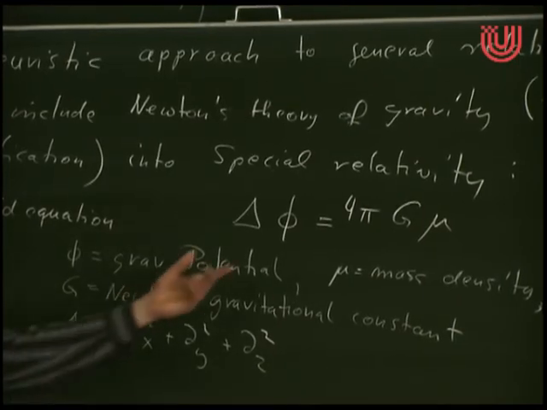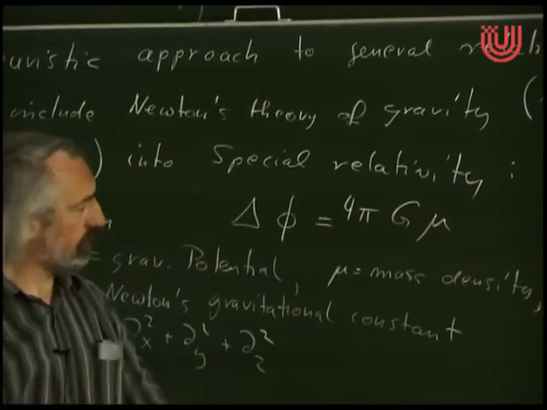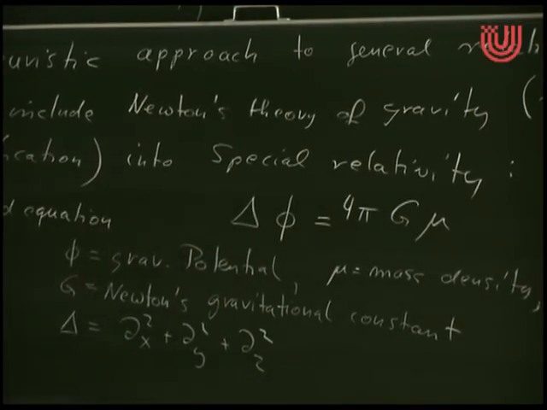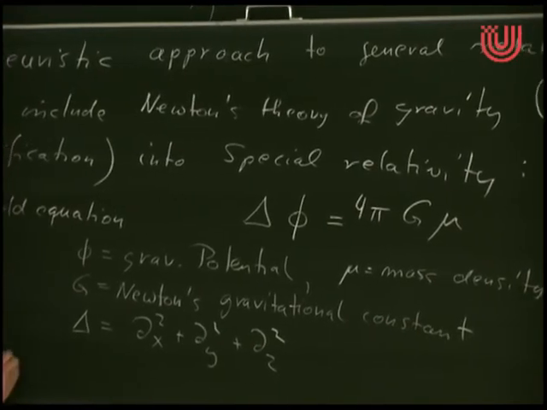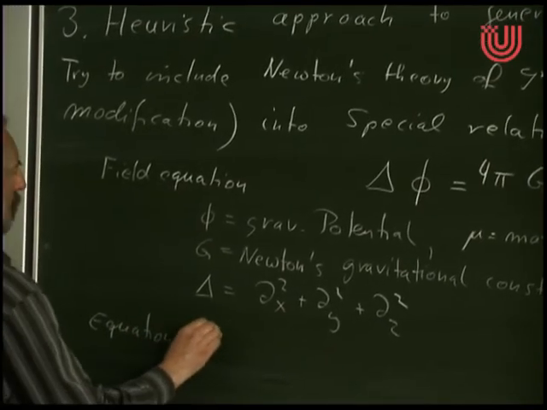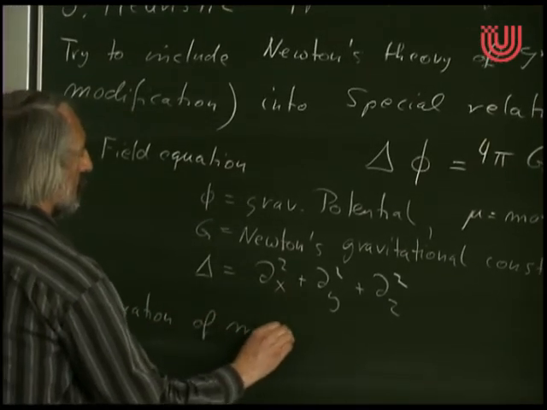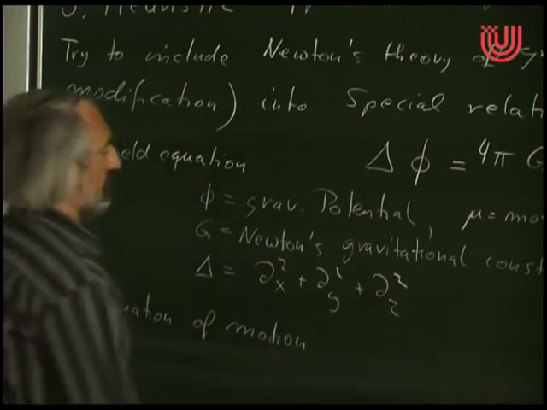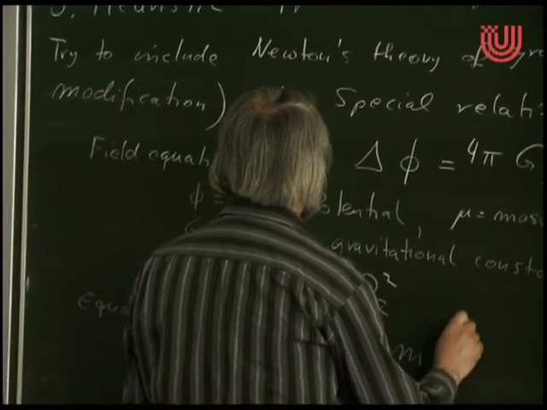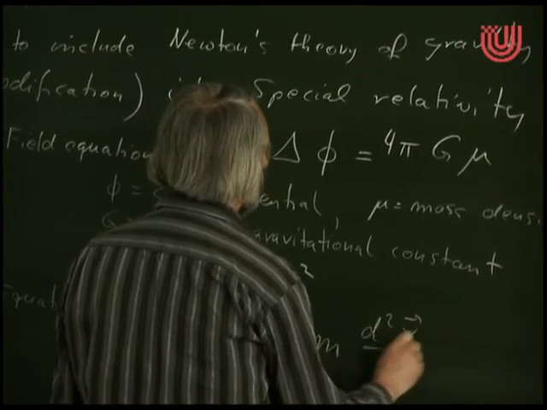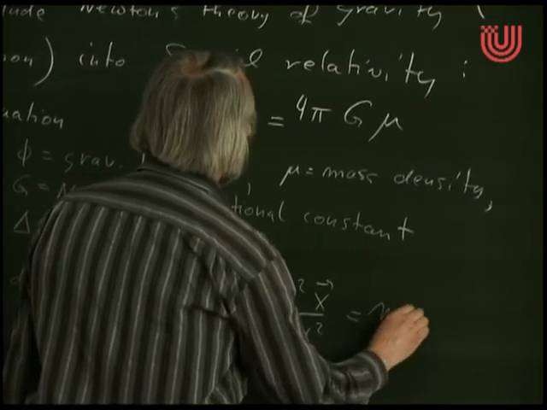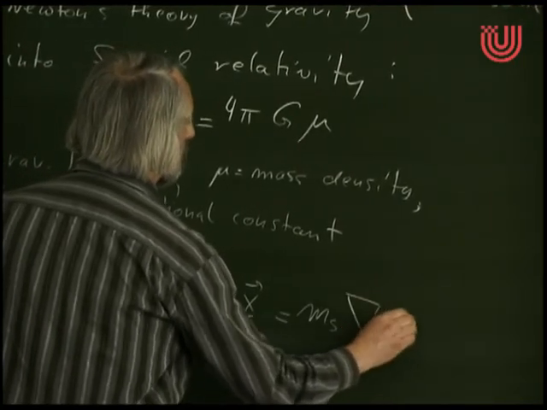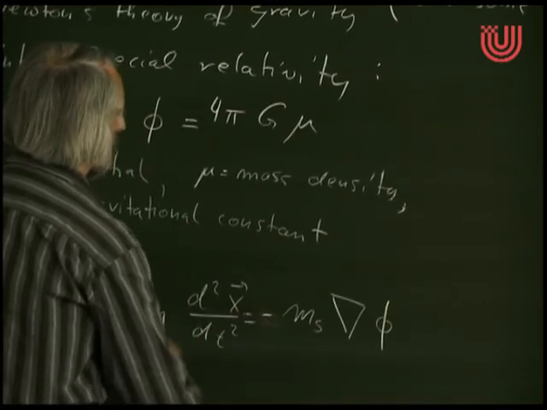If you tell me where the mass densities are, how they are distributed, then this differential equation combined with appropriate boundary conditions tells me what the gravitational field looks like. And then we have the equation of motion. So this is just the inertial mass, d2 x dt squared, is the gravitational mass times the gradient of phi, and I think the usual convention is to have a minus sign here.